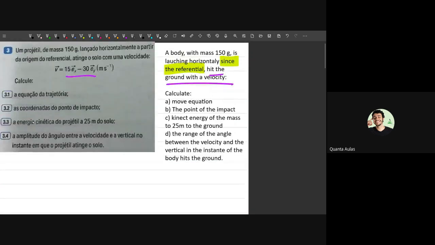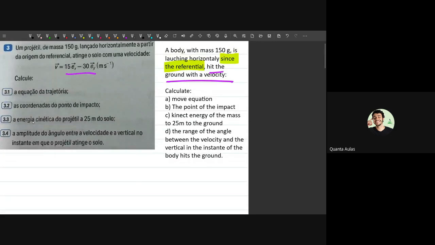But if this were the initial velocity, you are right, and me too, but it's not. So I will do the first the equation of the trajectory. I don't know the initial velocity, but they say something about launching horizontally.